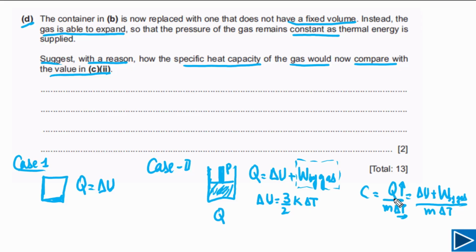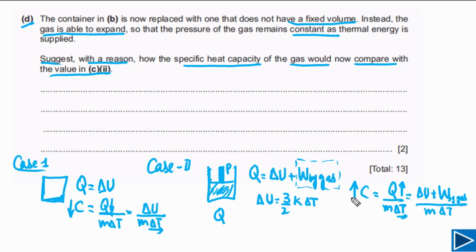If Q is greater, it simply means that C is greater. In the first case, C is simply equal to Q over mΔT, and Q is equal to only ΔU. So that's the reason the C in that case will be lower, because Q is lower. So the new value of C will be greater. So that's all you need to understand. These are the points you have to understand.